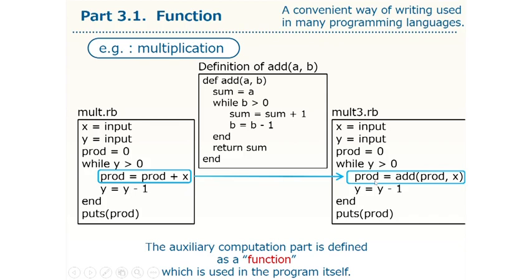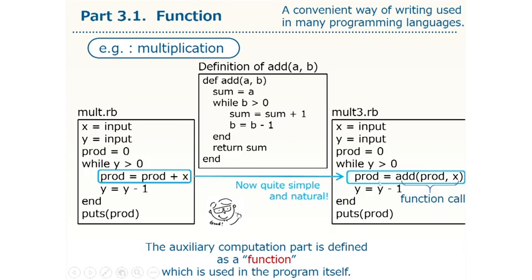In this way, the part with auxiliary computation is defined as a function, and once the function is defined, we can write the value of prod plus x as add(prod, x), just like a mathematical function. Then prod plus x will be calculated. In this way, we can write the program more simply and naturally.